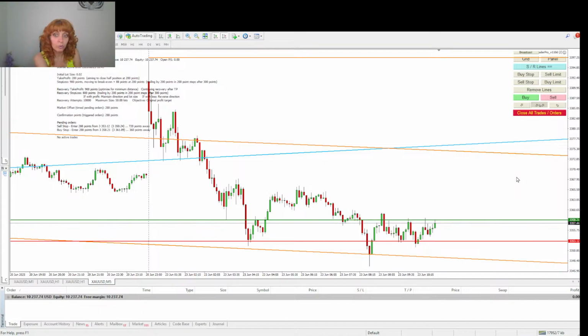On the 4-hour time frame, it's also a little bit mixed, but still more towards further going down. Okay, and the 1 hour time frame is a little bit mixed, but also more towards going a little bit further down.